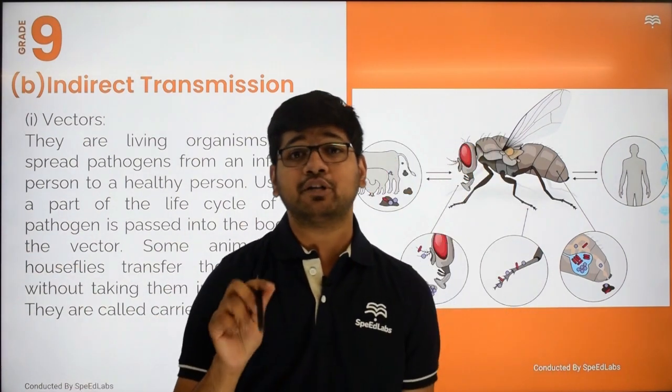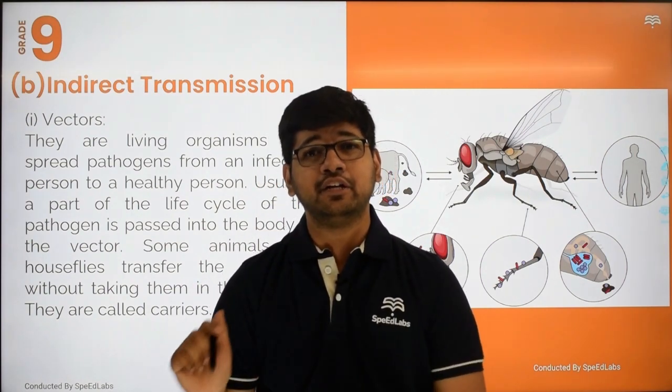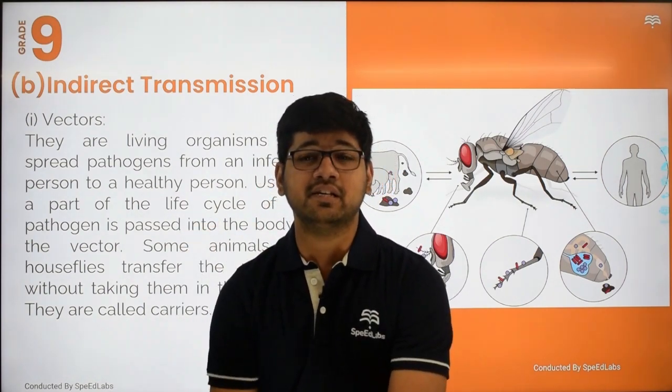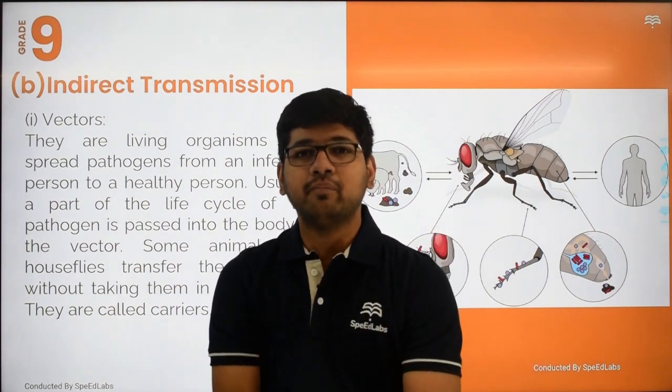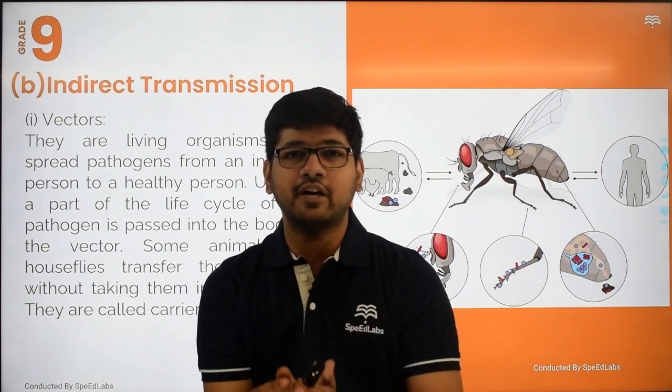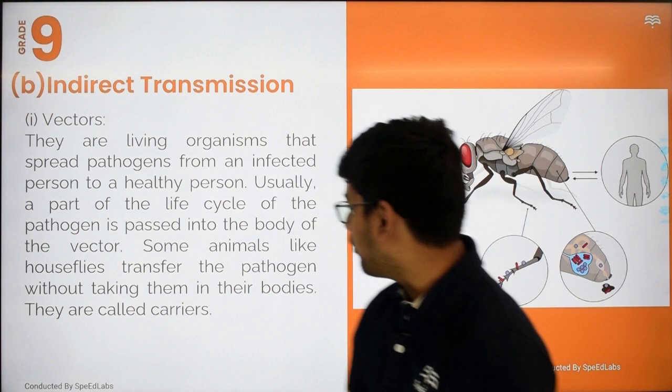That means that particular pathogen may not have been infective in the individual carrying it, but by entering the human it may come into the developed or active stage where it may cause the disease. All right.